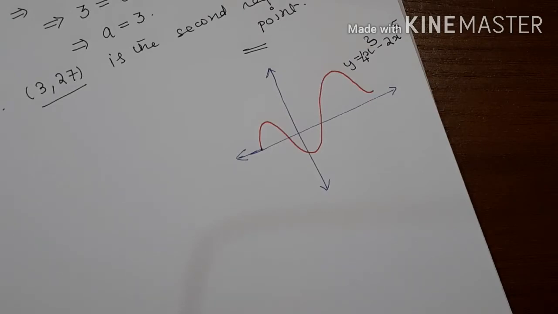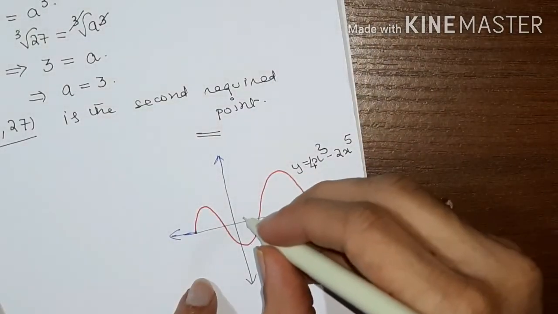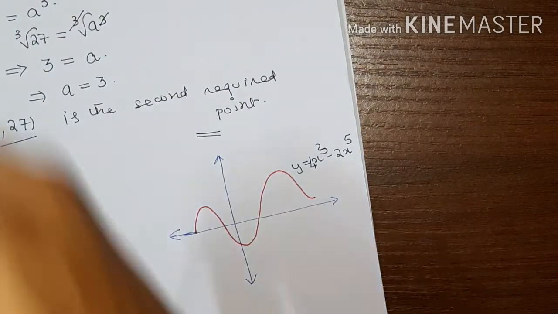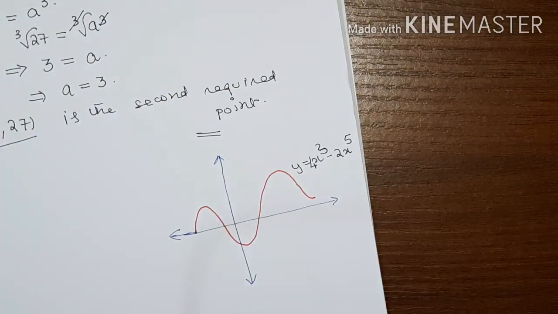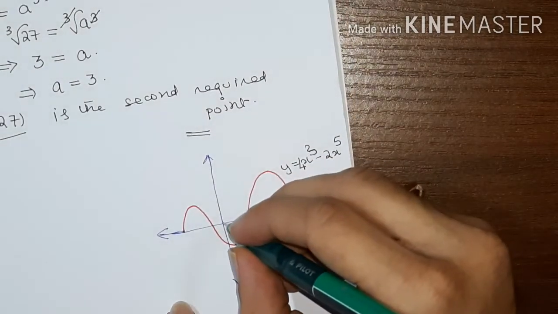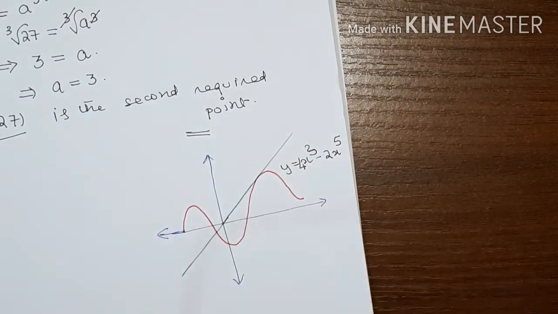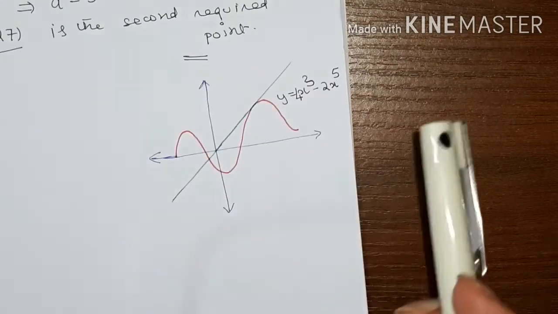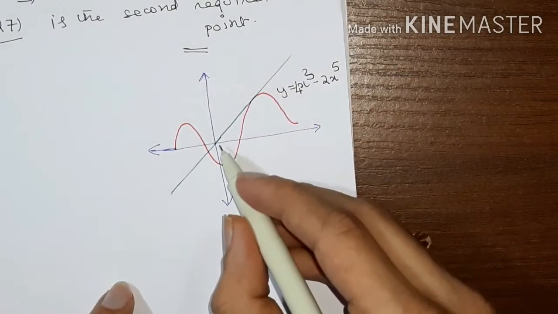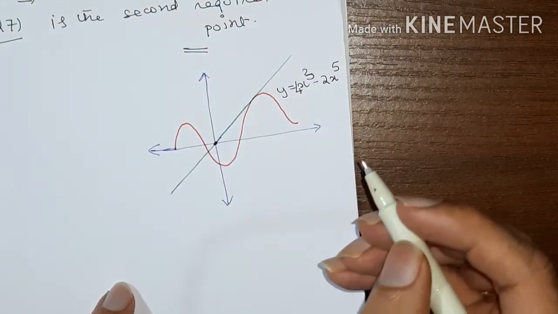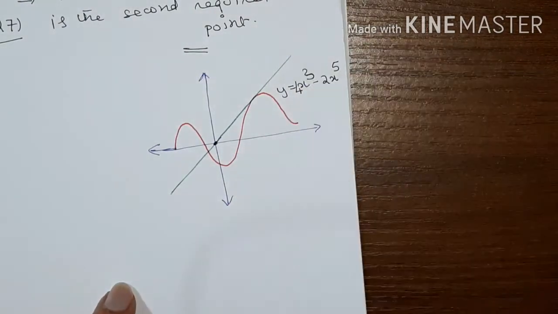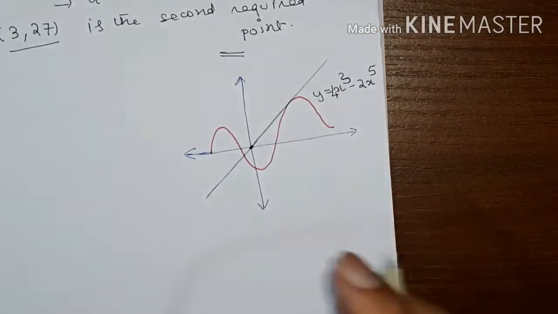So suppose you draw a tangent in this way, which passes through the origin. So you can see that the tangent passes through the origin here. So we have to find the equation of this tangent, right?